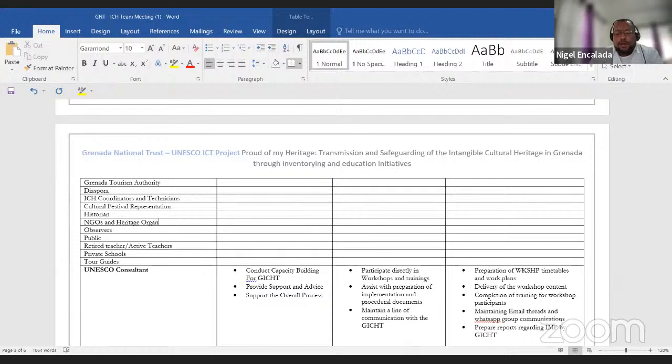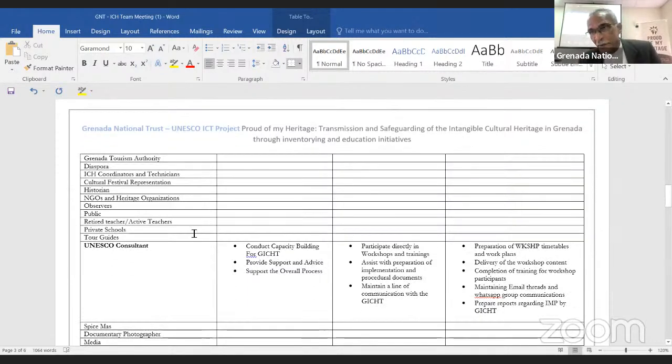It's quite something, even with the categories on the inventory list. When we say things like performing arts, what we're really looking for is traditional performing arts, because if it's just contemporary stuff that's running today, it's not really part of what we're trying to preserve. We're trying to preserve the stuff that is at risk of being lost.